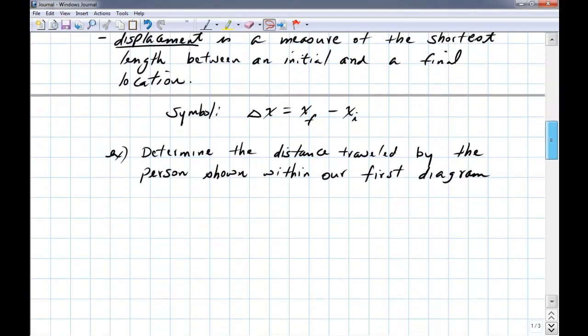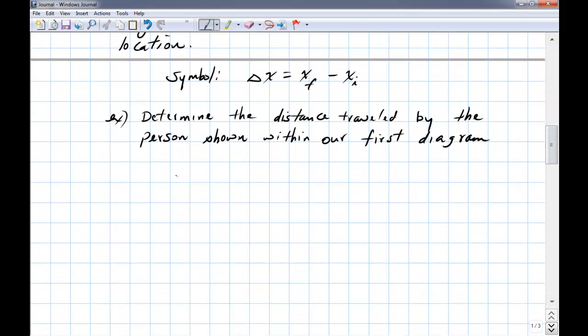So the answer to the first question is cannot be determined without knowing the nature of the path.